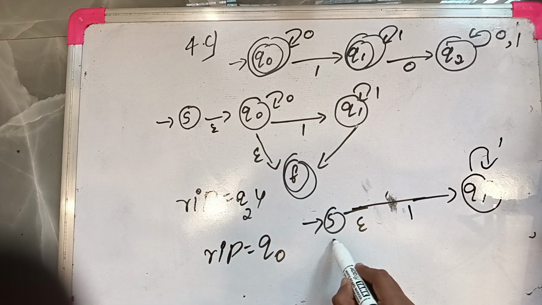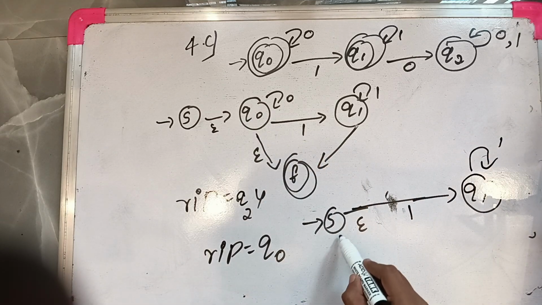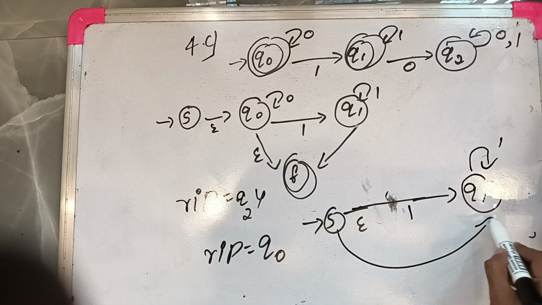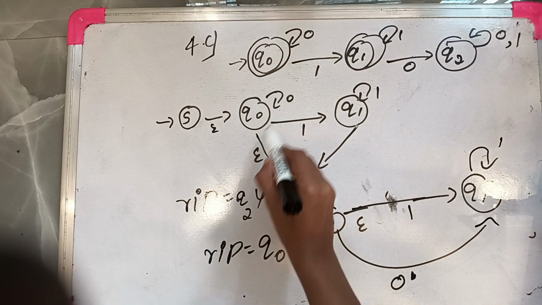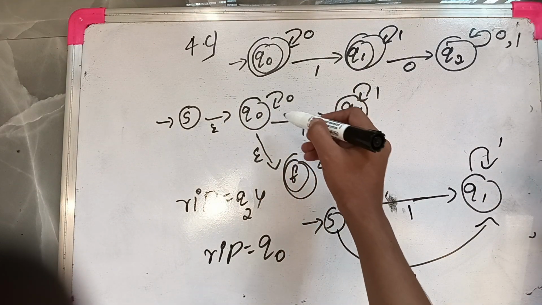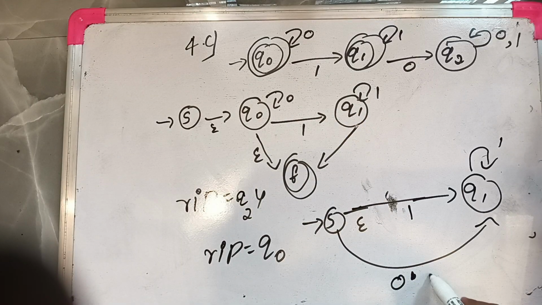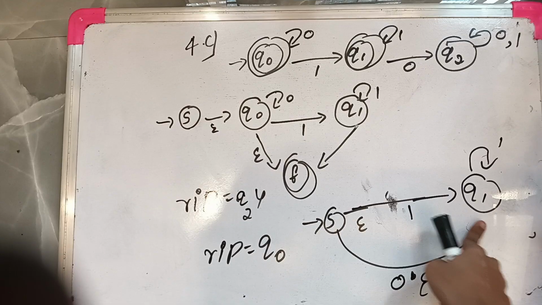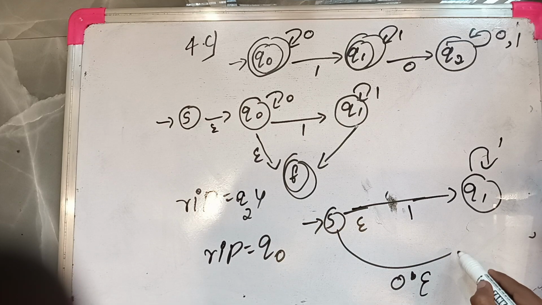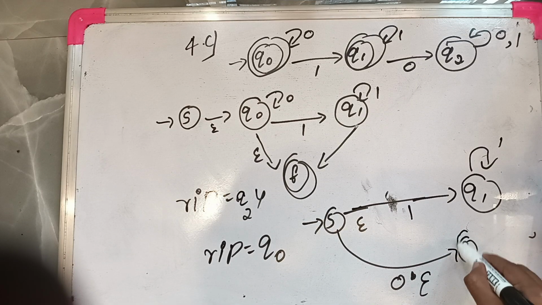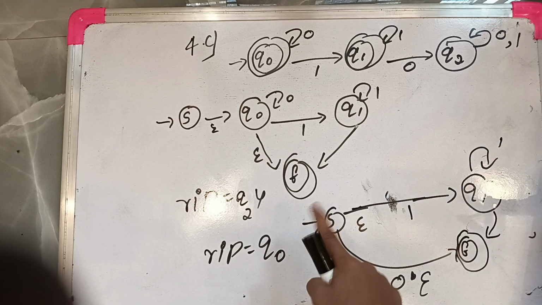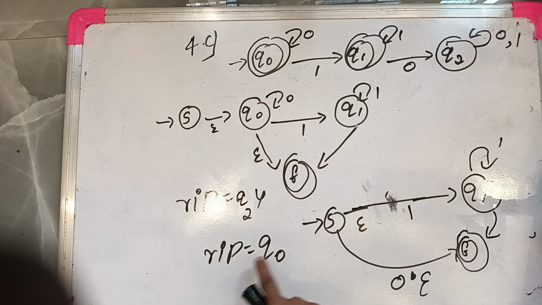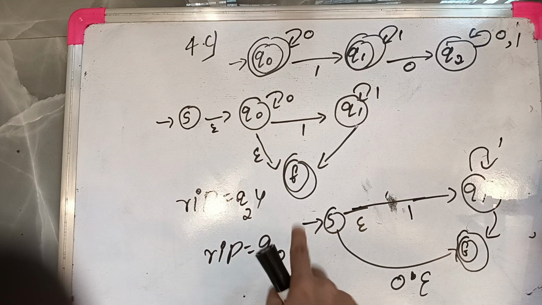If I remove q naught, then here is a 0 star. 0 star means any number of zeros, and it goes to epsilon. Next, here is the final state. This is one way to reach the final state after removing q naught.